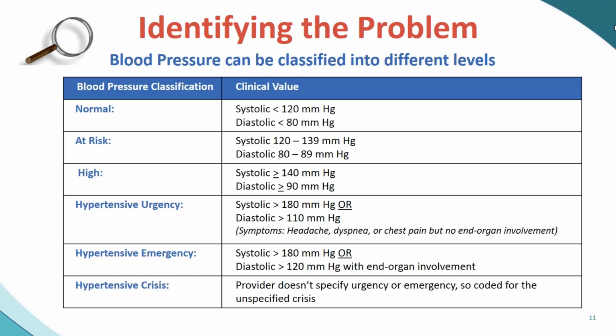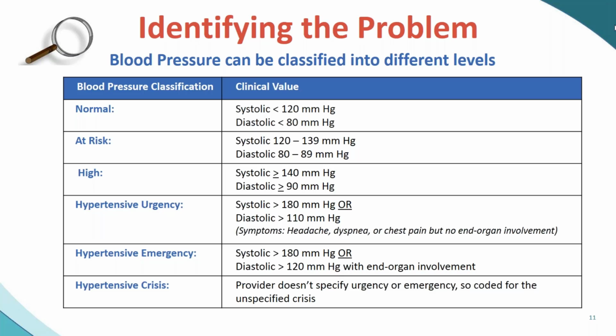I think there were around 9 or 10 different codes that could be used for hypertensives. And in ICD-10 they said, oh, we're going to simplify it. We're just going to go with normal, at risk, and high, and that'll cover the field.